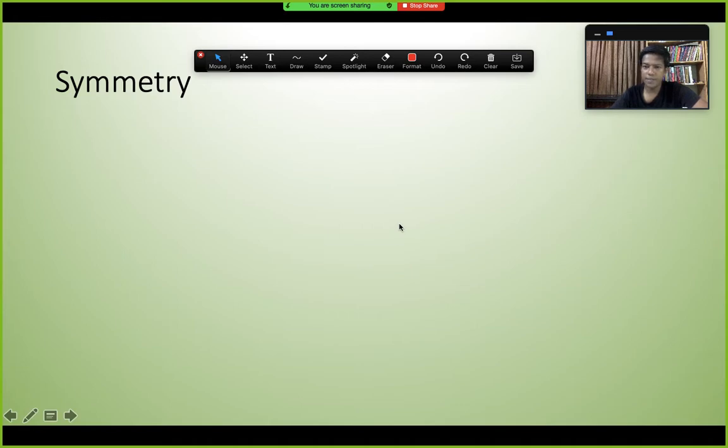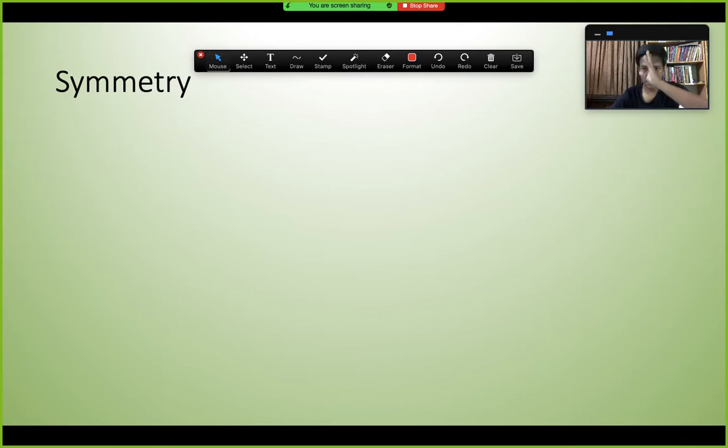Now let's discuss symmetry. What is symmetry, first of all? In simple words, symmetry and similarity are somewhat the same thing. How much is it similar? If it is exactly similar, then suppose you have x and y or something, if it is the same on your left and right side, that is symmetric.